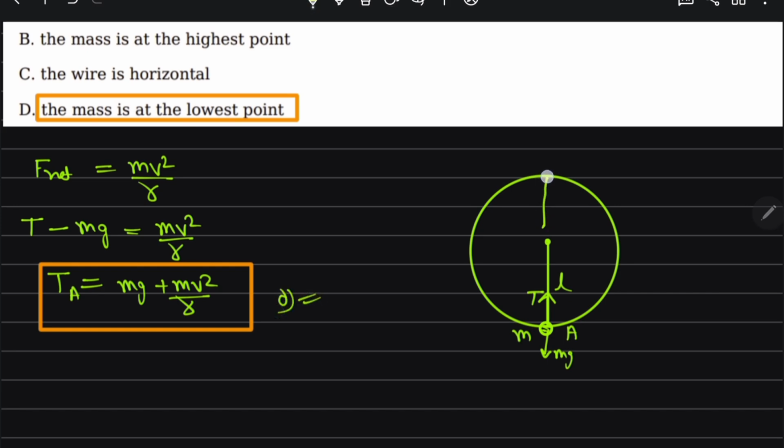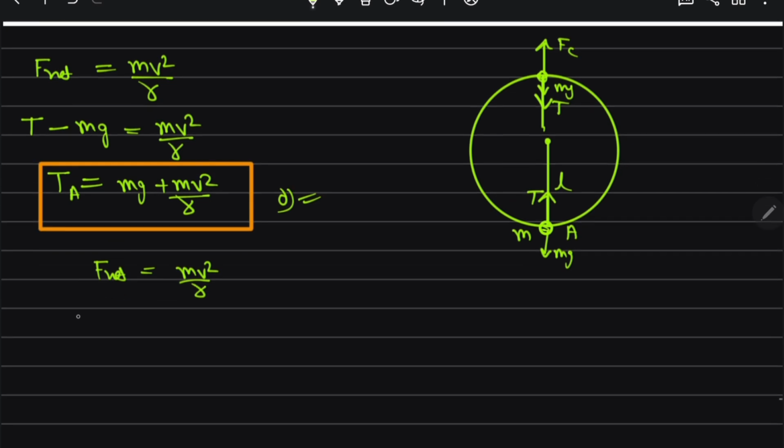If you see this point, what is the tension? Tension acts downwards, right? The mg force also acts downwards. These balance the centripetal force, right? So F net is equal to mv square by r. So mg plus T is equal to mv square by r.